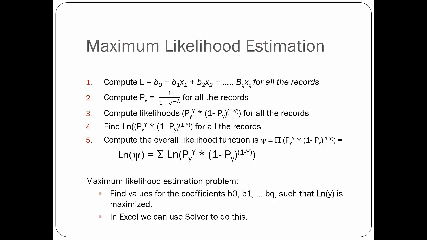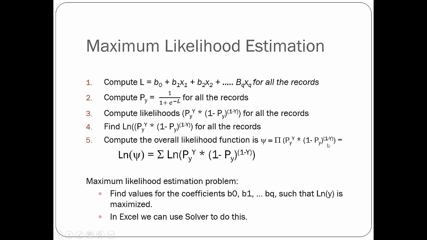So in summary, maximum likelihood estimation comes out to be like this. Start with initial estimates for the b's, then find L, and then find 1 over 1 plus e to the power of minus L for all the records. Then compute the likelihood for all the records. Convert the likelihoods into an ln function.